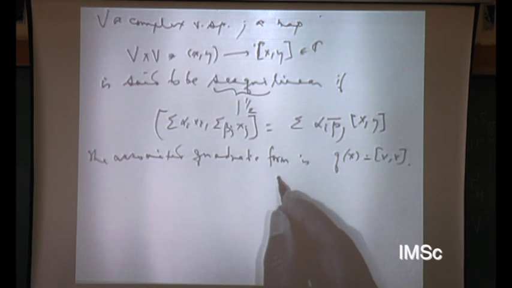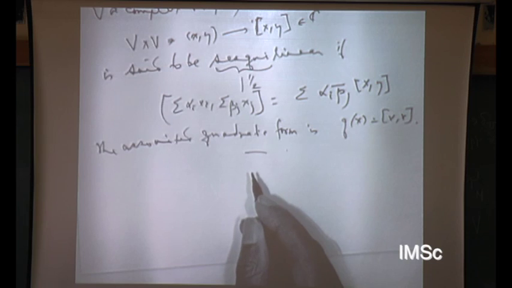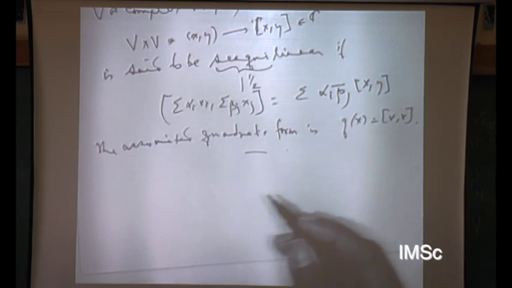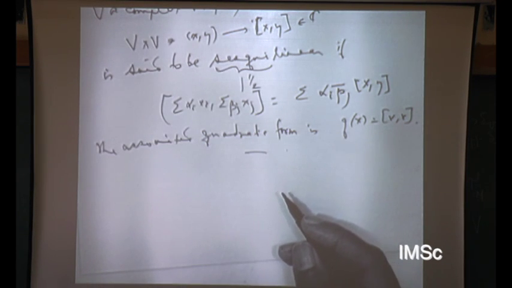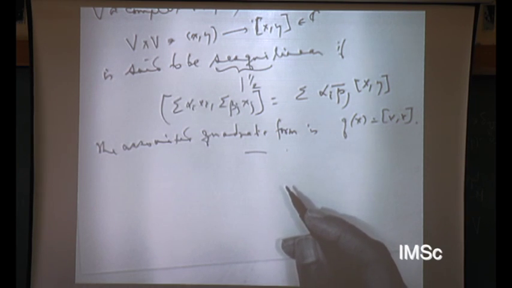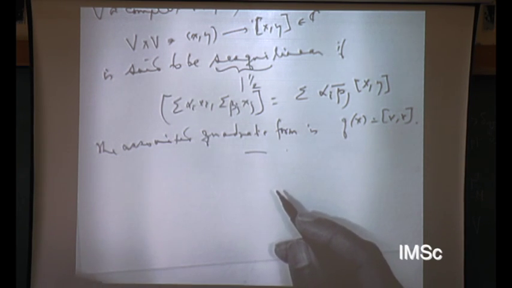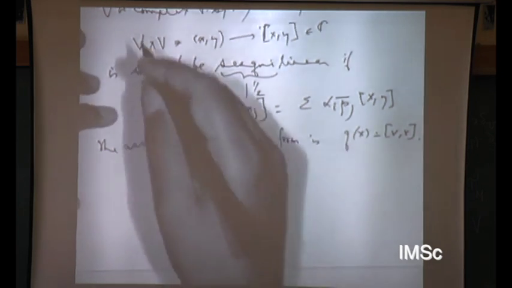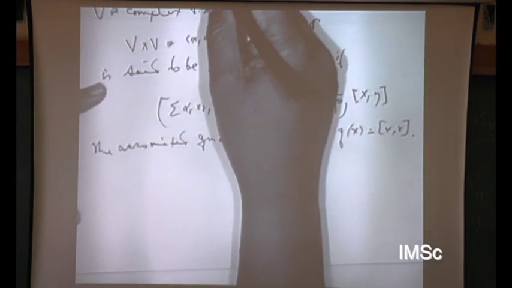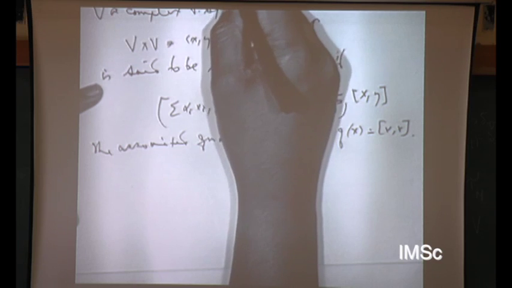So the polarization identity says that, see, it is clear that if you know the sesquilinear form, then from that you know what the quadratic form is. The polarization identity tells you that if you know, given a quadratic form, that it came from a sesquilinear form, you can find what the sesquilinear form is.